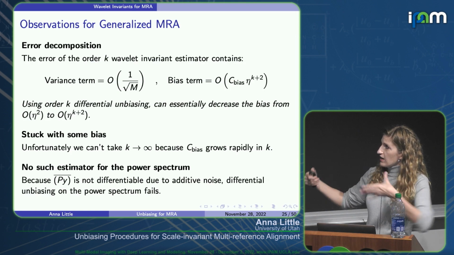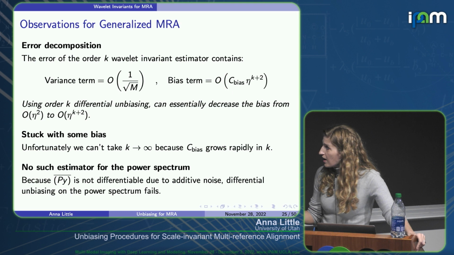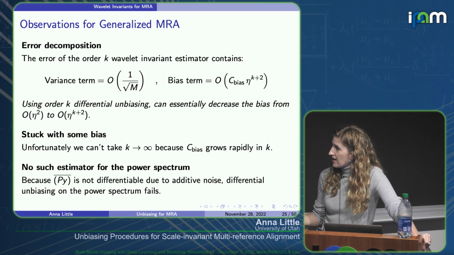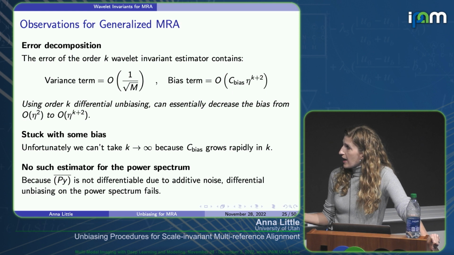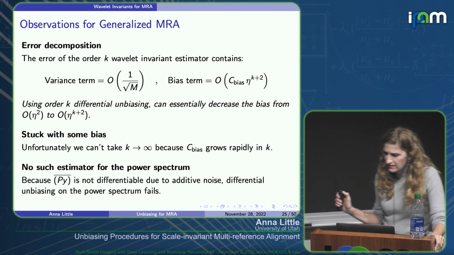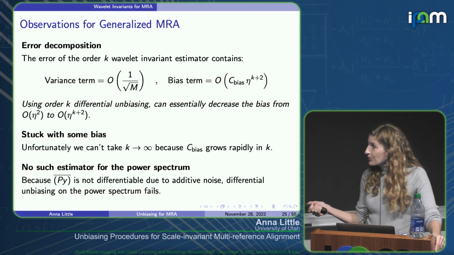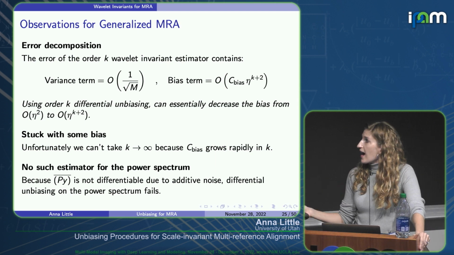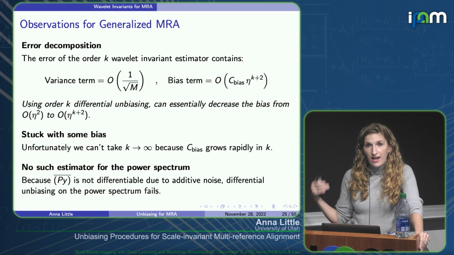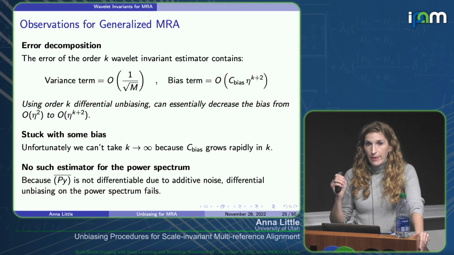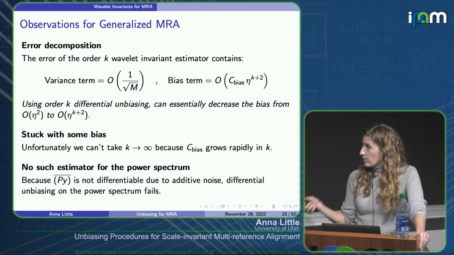If we look at the error decomposition, we have a variance term, which we're pleased with because it decays nicely, but we have a bias term which scales like eta to the k+2 times some constant. But we have improved things. If we didn't do any unbiasing procedures, we would have a bias like eta squared. With this unbiasing procedure, we've reduced that bias down to eta to the k+2.